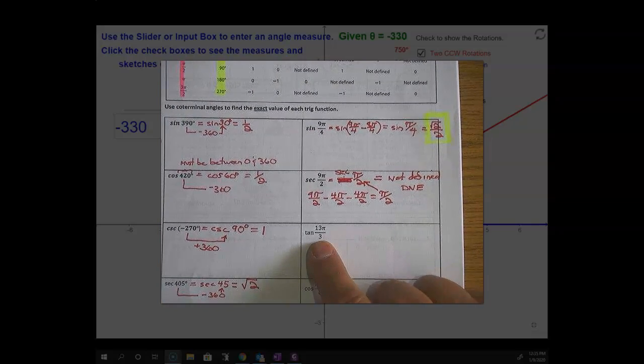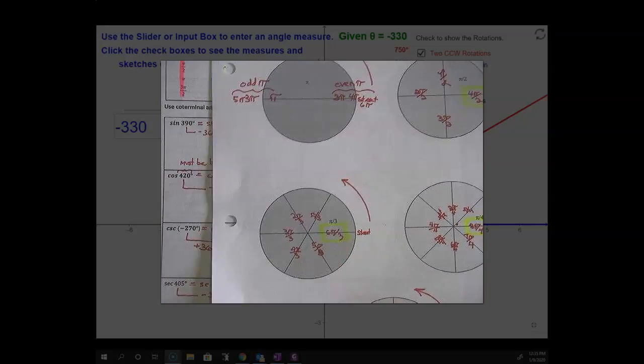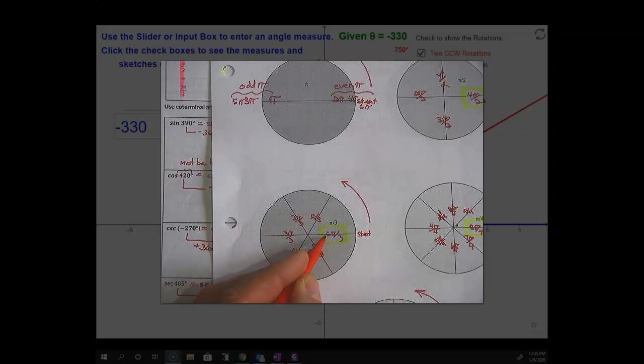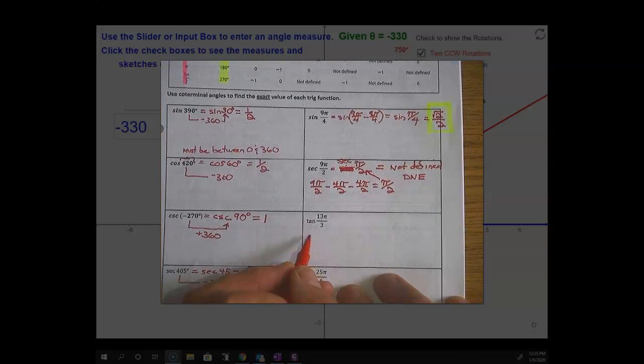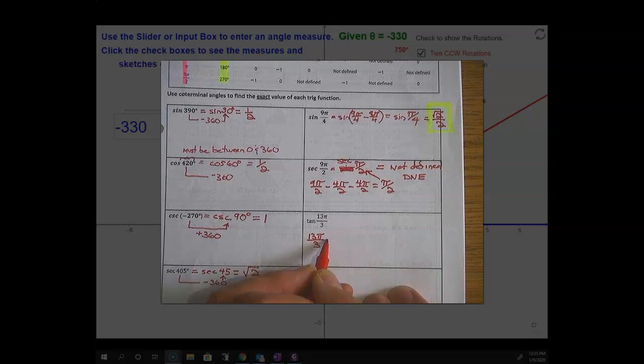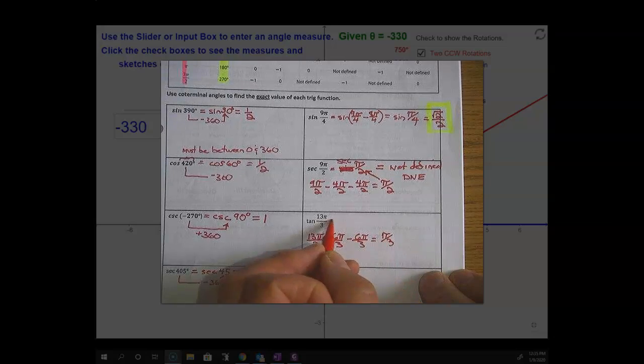Okay, 13 pi over 3. One time around 12, or 6, 2 times 12, 13. It's the same as pi over 3. One time around, that's 7. 2 times around, now it's down to pi over 3.